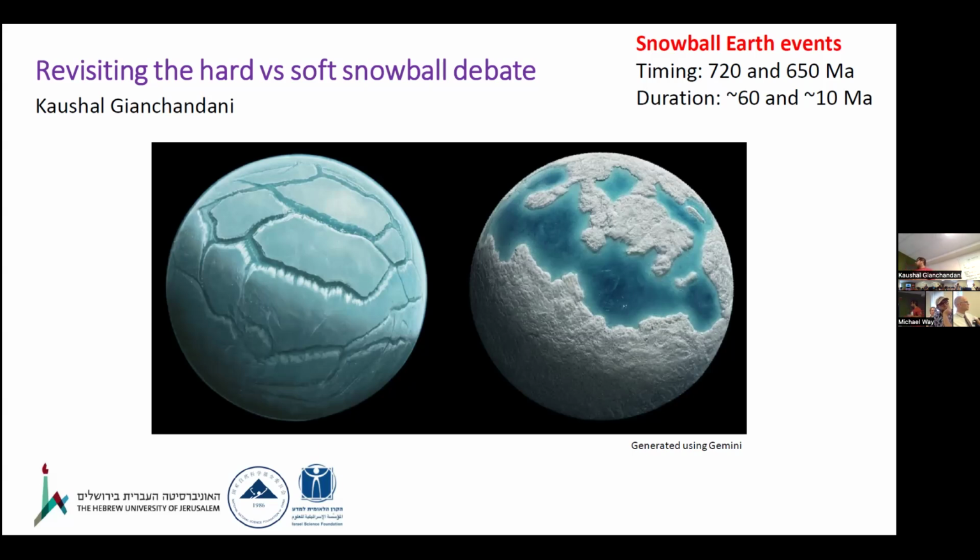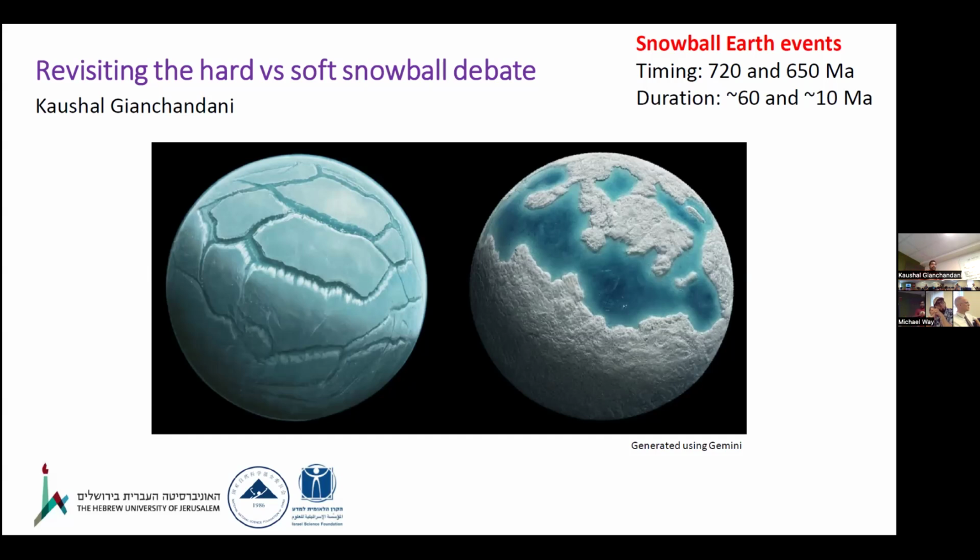The image on the left-hand side of your screen is that of a hard snowball as it would be visualized by an artificial intelligence engine. These are not accurate images. But as you can tell, just by looking at the image on your left, in a hard snowball scenario, the entirety or almost the entirety of the Earth's surface would be covered with ice, especially the oceans.